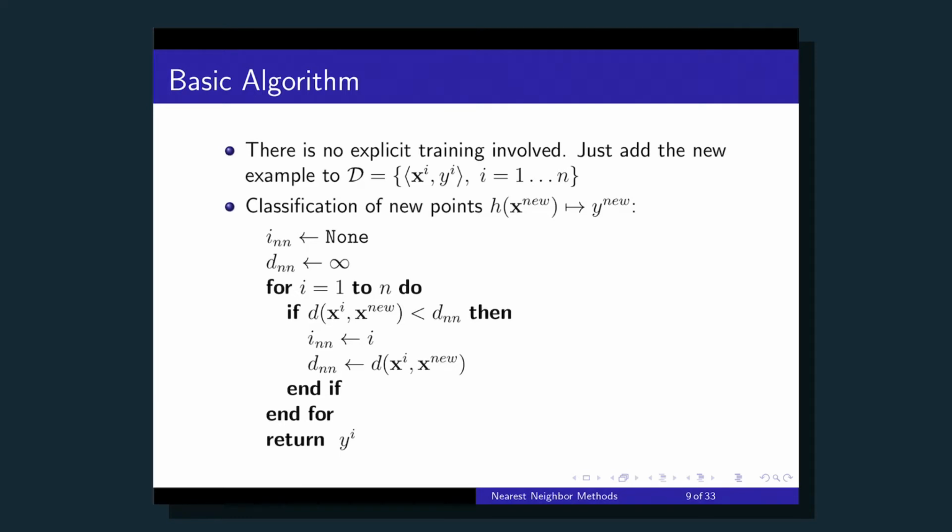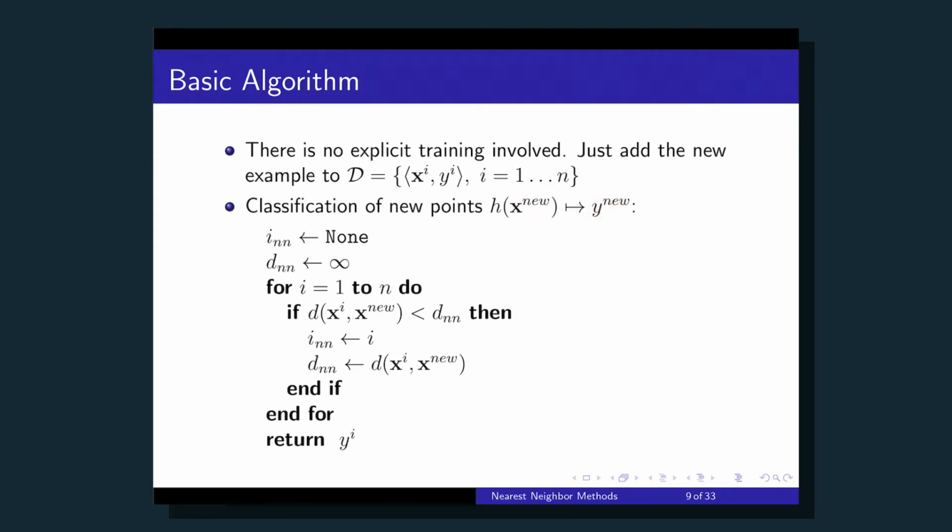So how do we find the nearest neighbor? Algorithmically speaking, it's a very straightforward method. You take your data set D, made up of pairs of instances and their labels, and then you find the label for a new point.